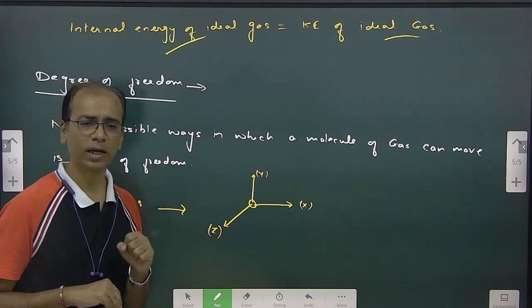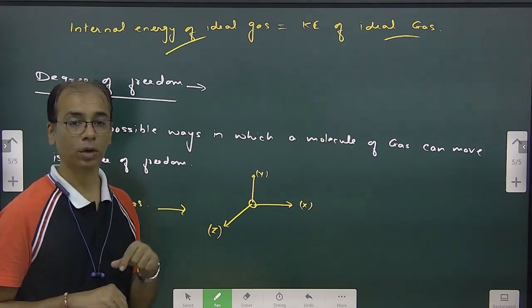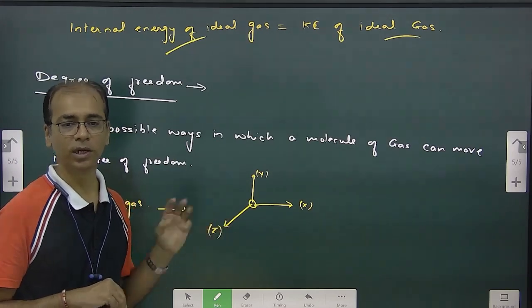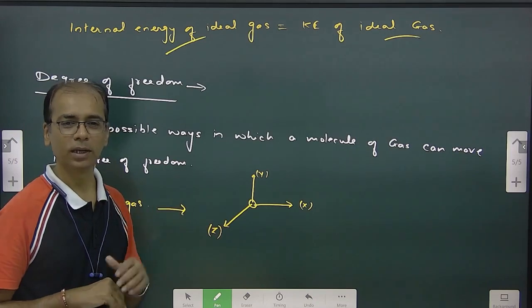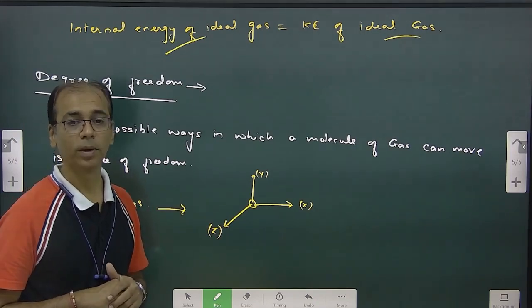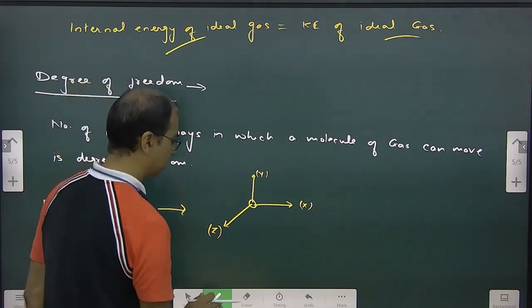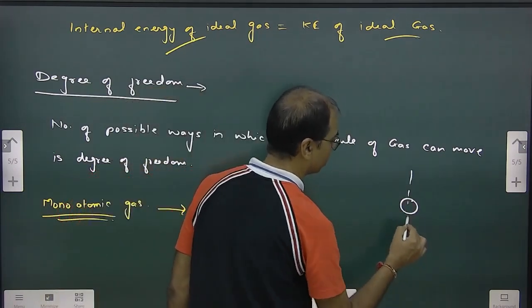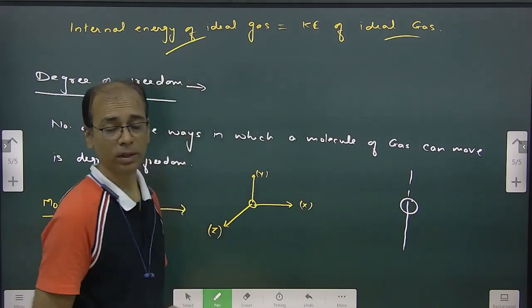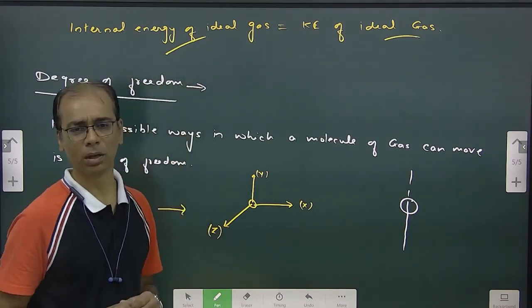How many types of kinetic energy did we see? Translation and rotation. Translation has 3 degrees of freedom. What about rotation? We said that rotational kinetic energy is not involved in this. Why? A single atom, size is very small.